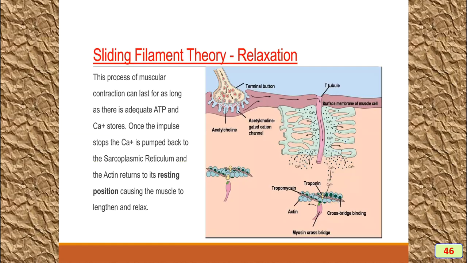Then relaxation always happens once the neurotransmitter activity is either reduced or the acetylcholine is broken into acetic acid and choline and diffuses out of the neuromuscular junction.